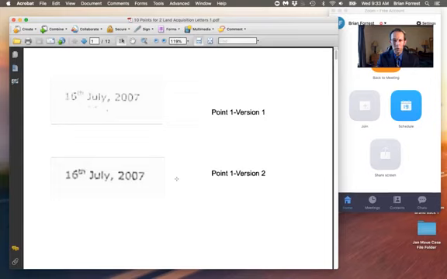Version 2 was also dated 16 July 2007 and produced to the Bombay High Court on September 6, 2011.